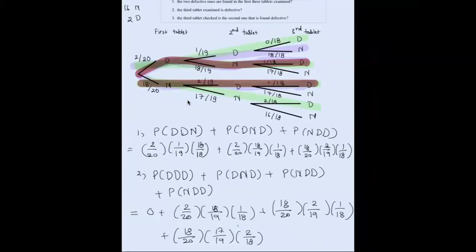There are only two ways so that the third one is the second one that is found defective. And again, you just multiply all the probabilities in each branch together, and you get the probability for each path, and you add them together. Any question about this one?